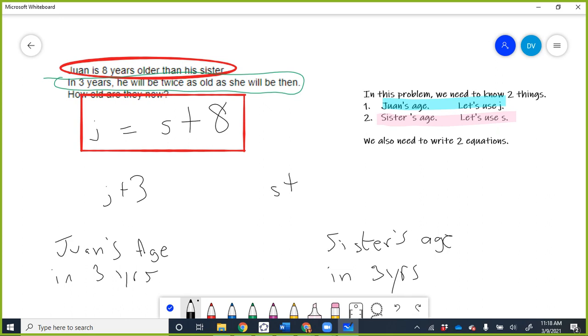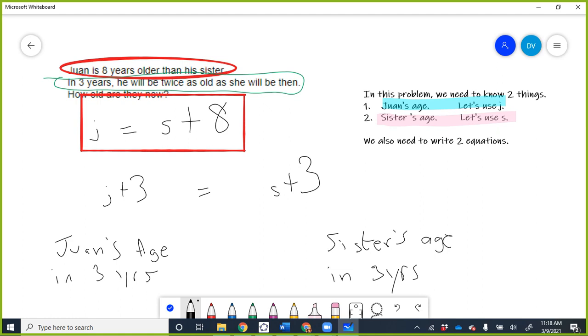Notice that I usually write my letters smaller than my numbers because we don't want that S to look like a 5 later on. Now, even though these aren't equal, we're going to make them equal in a second. Remember that it doesn't say that he's the same age. Of course, that wouldn't make sense in 3 years.